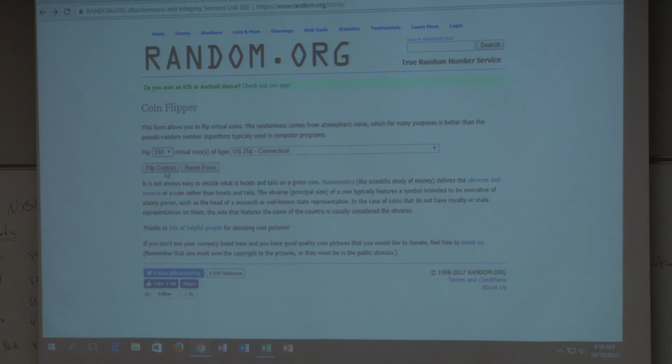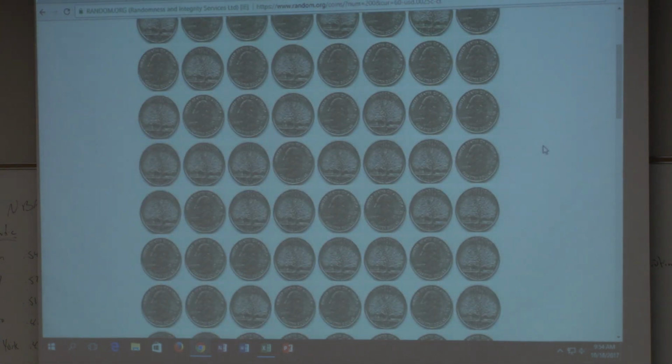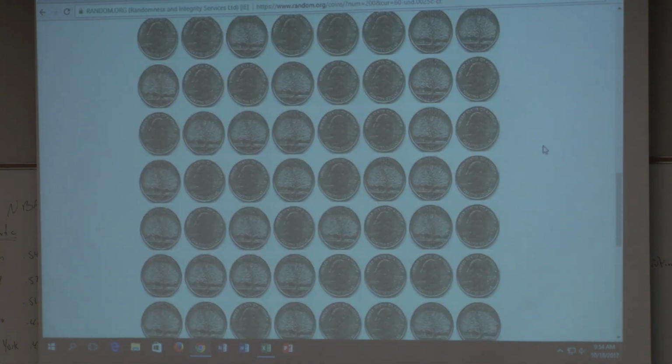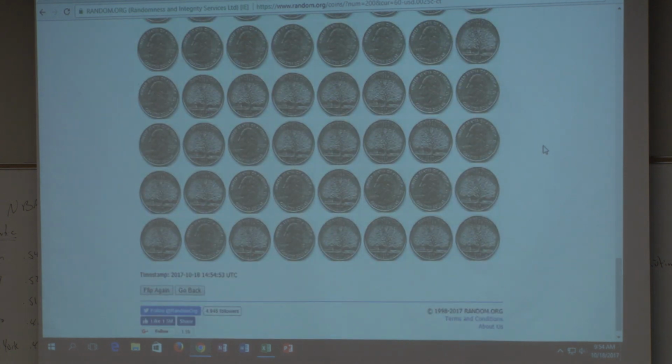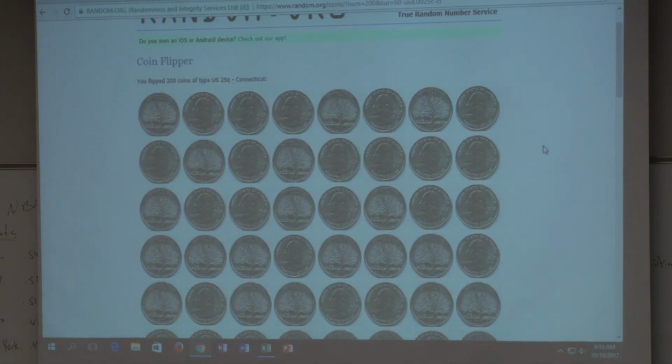I don't know if this tells us the numbers. I'm not going to sit here and calculate all these up. That would be stupid. But do you think this is more likely to be 100 and 100? There were 200 flips.